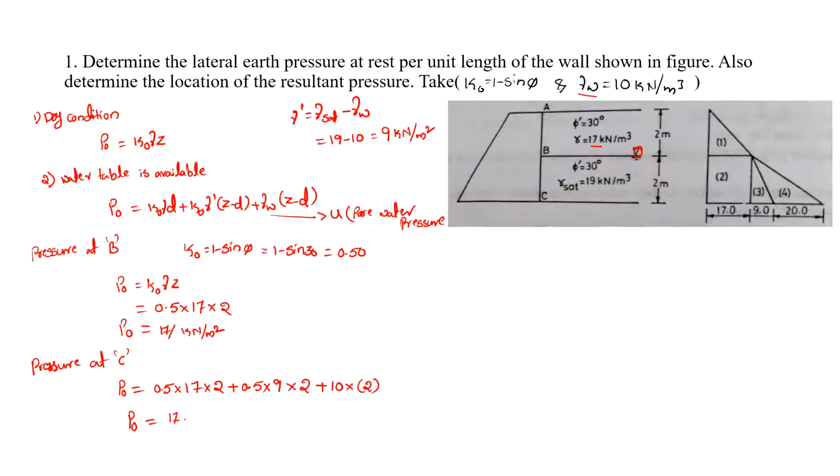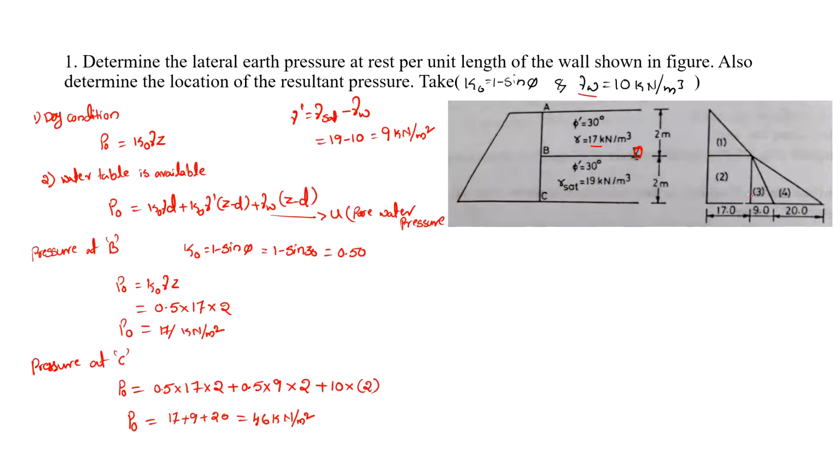So 17 plus 9 plus 20 gives 46 kilonewton per meter square. This is the pressure acting at point C.